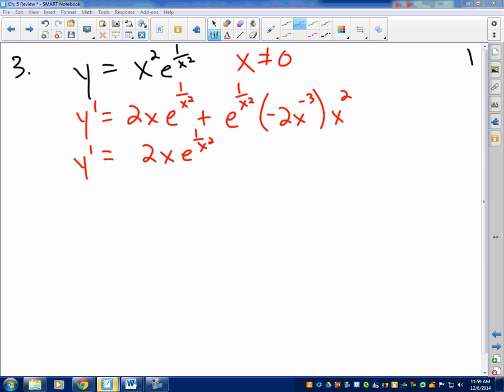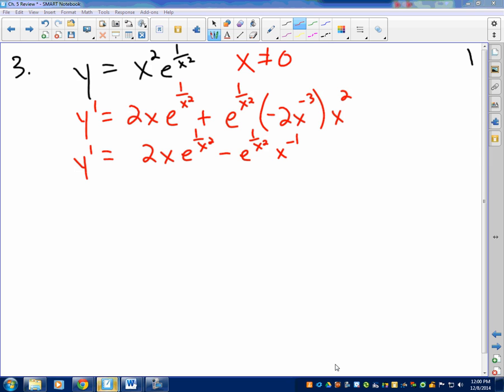And then this would be minus, okay, this x to the negative 3, I would move that down to the bottom. It'd be x to the third on the bottom with an x to the second on the top. So that's going to end up just being a net gain, I guess, of x to the negative 1 is what it'll end up being. Or you could just add the powers here. So we have e to the 1 over x squared, x to the negative 1 power.